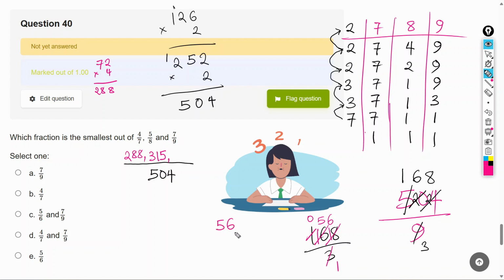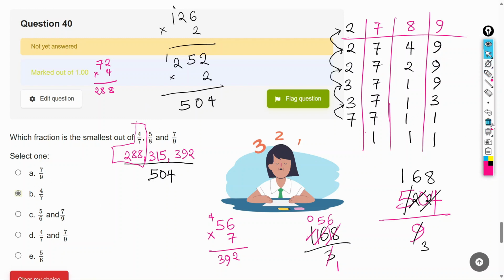So 56 times 7. 7 times 6 is 42. 2 carry 4. 7 times 5 is 35 plus 4, that's 39. So 392. So it appears that the smallest of them is the one with the smaller number. And that's 4 out of 7. That's right here.